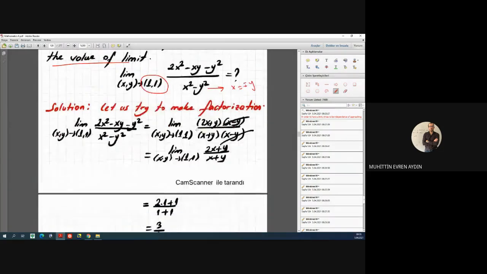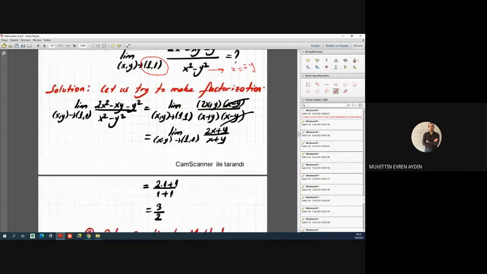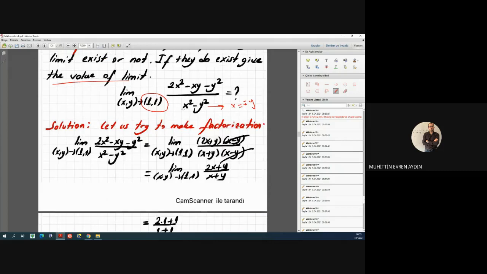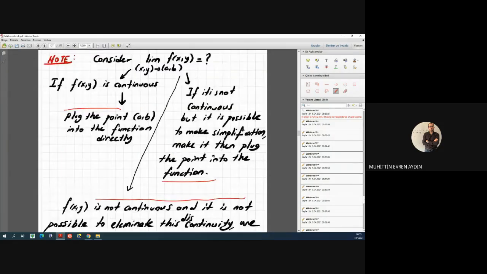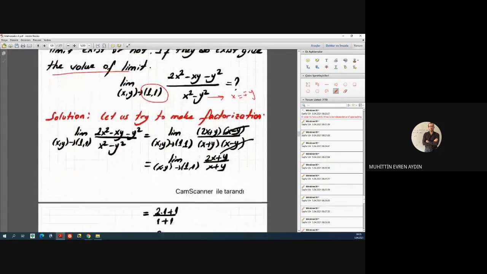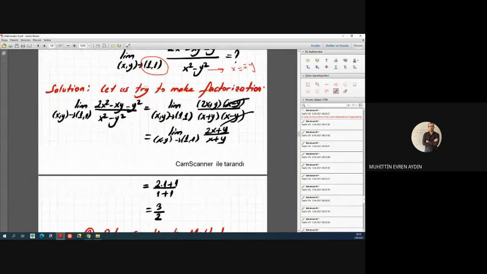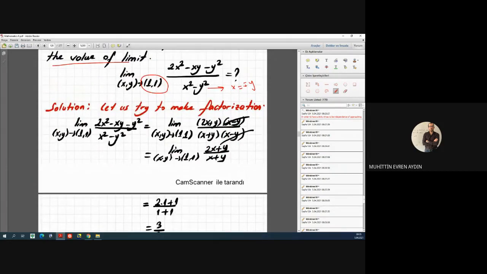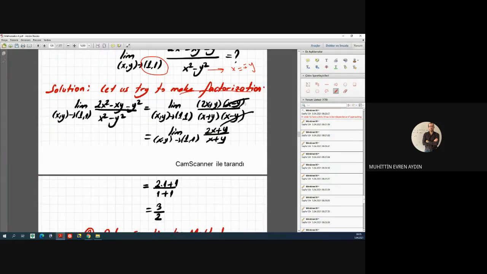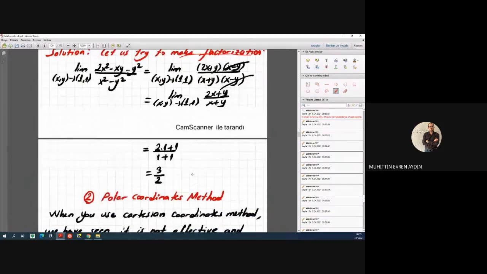So at the first stage, you can easily say this function is not continuous, but to make some simplification, you may obtain that indeed the function is continuous at this point. After some factorization, you obtain this limit.